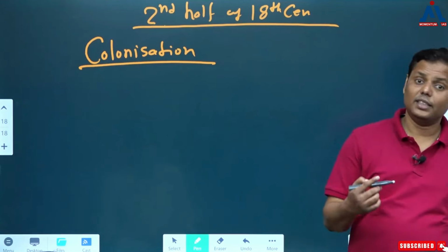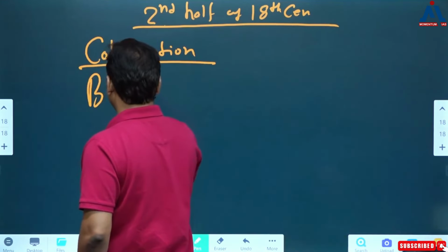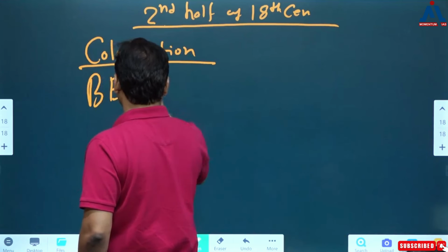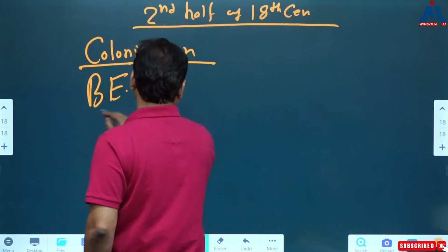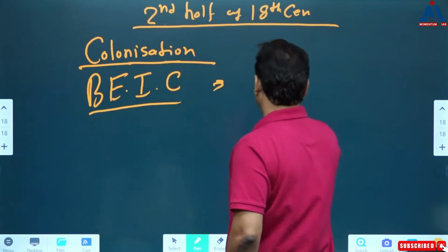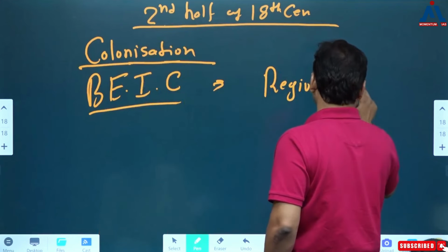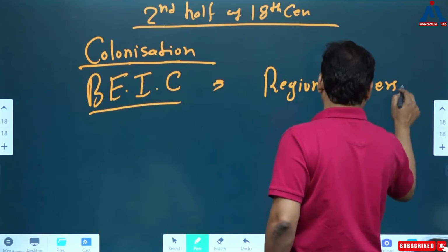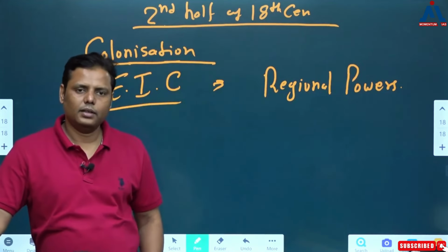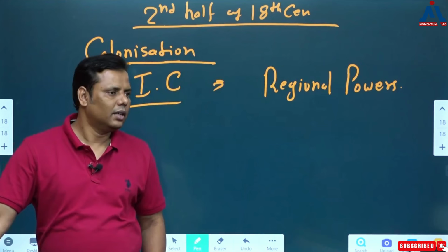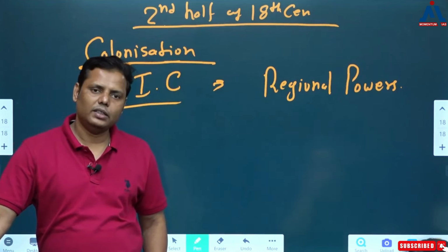Ultimately this colonization was done by the British East India Company, by defeating these regional powers. One by one, they defeated all these regional powers.